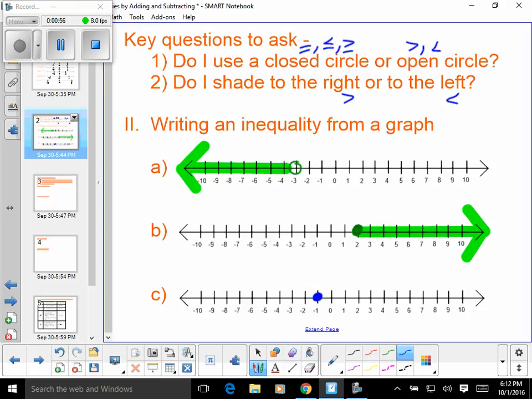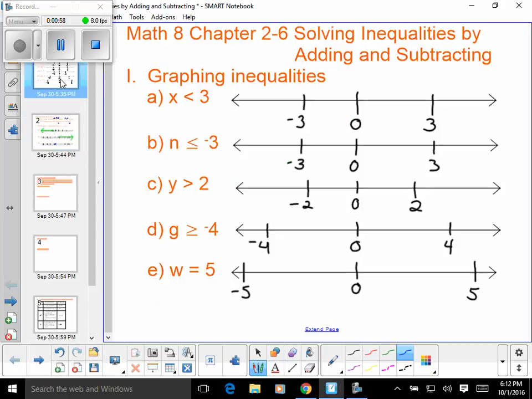Now let's go back to our first examples. If I look at example A, I note that I have x less than 3. The first question, open circle or closed circle. There is no equal sign underneath the less than sign, so that indicates I need an open circle.